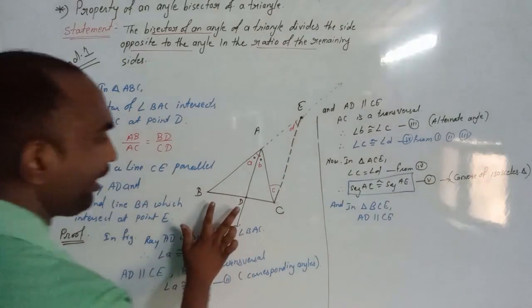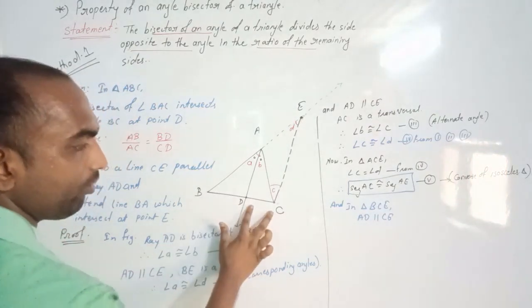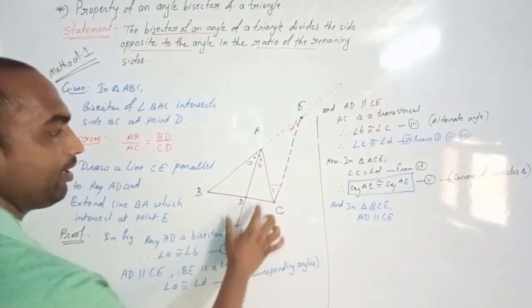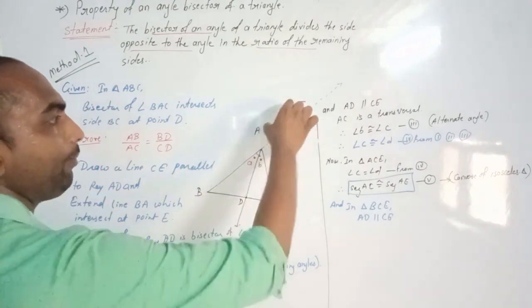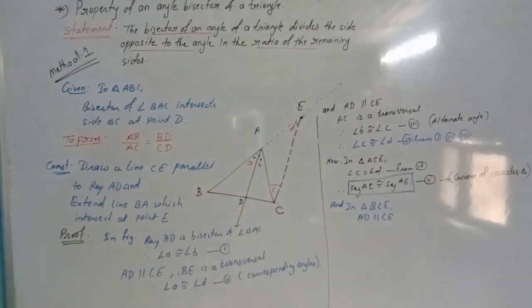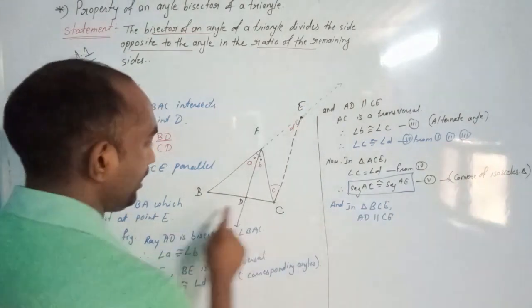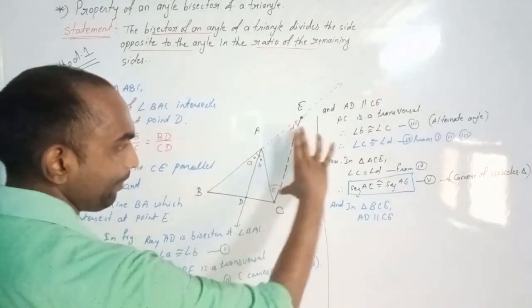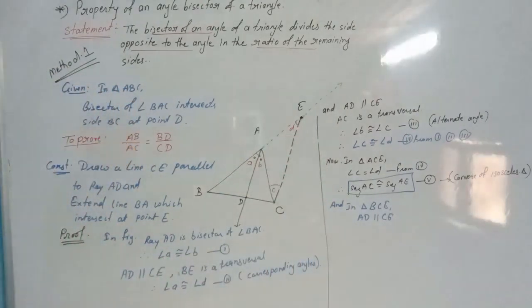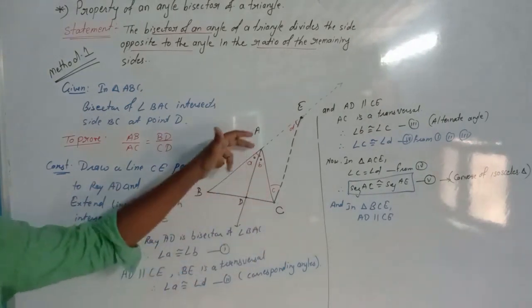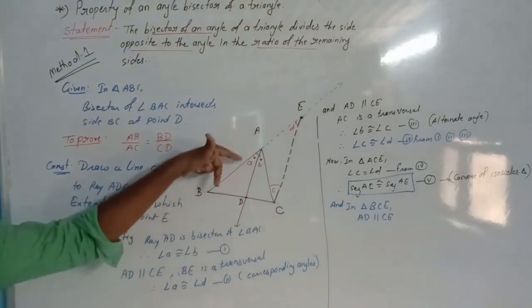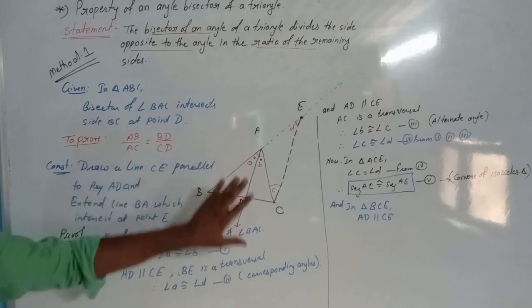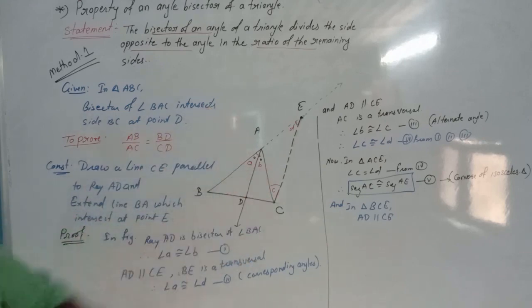So by BPT theorem we can write BD upon DC is equal to BA upon AE. Is that clear? Now in triangle BCE, AD is parallel to the second side, and it intersects the two sides at two distinct points, point D and point A. So definitely we will apply the BPT theorem over here.